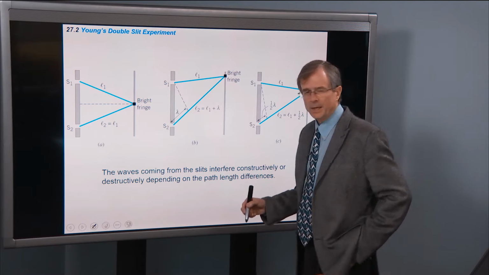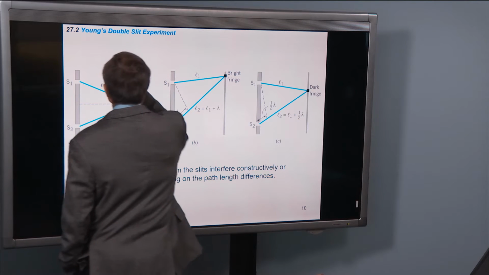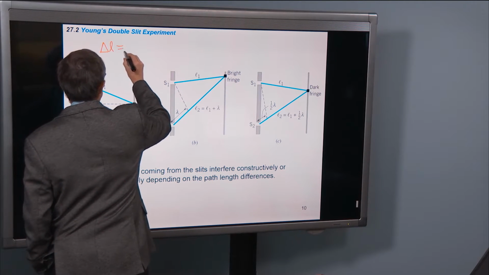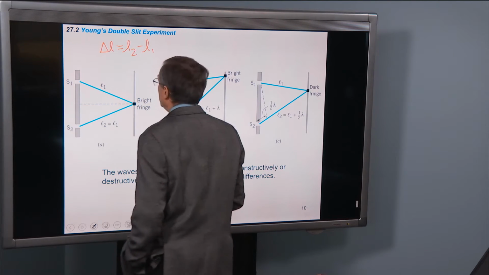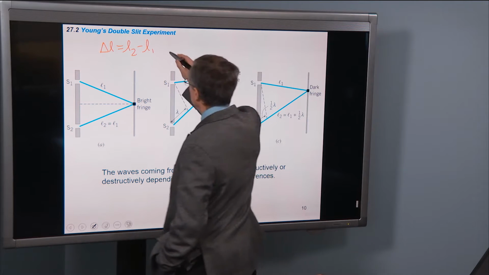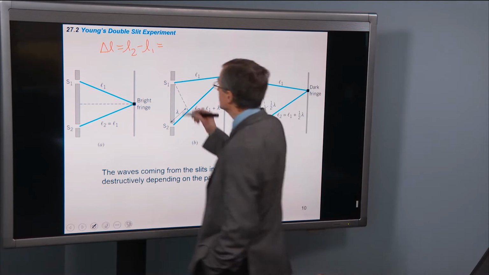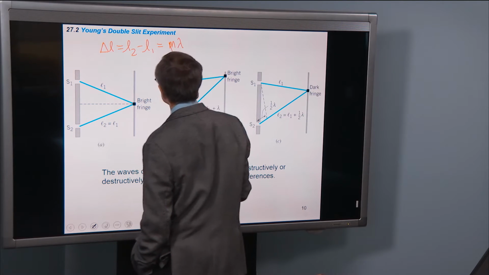This looks a lot like some problems we did in chapter 17. If we define delta L as L2 minus L1, and remember, for constructive interference, that's supposed to be m times lambda, where m is an integer.